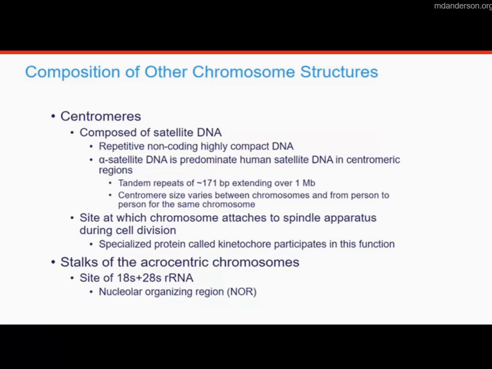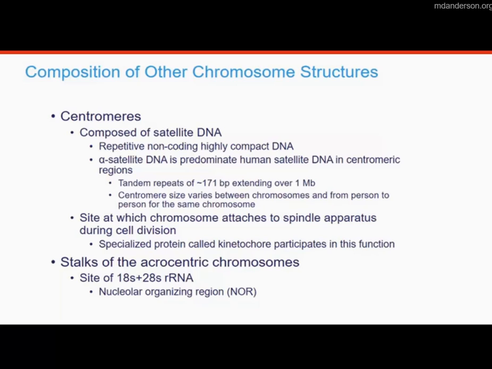Again, tandem repeats in this region, about 171 base pairs extending over a megabase or so. And centromere sizes do vary between chromosomes, and they vary from person to person for the same chromosome. Bringing centromere FISH into it, we do see some size differences, and sometimes it can look like there may be 2 centromeres there, when it's really only 1, it's just a really large one.